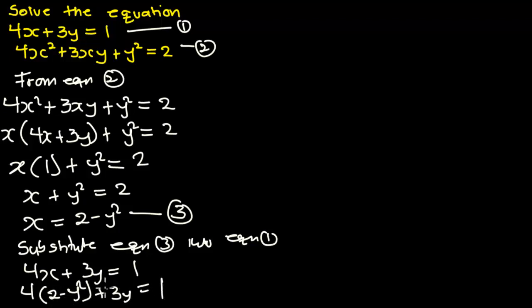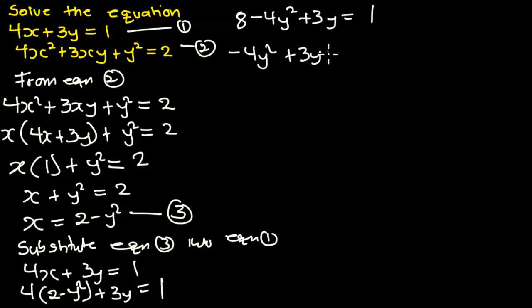When we expand this bracket, we have 8 minus 4y squared plus 3y is equal to 1. Let's move 1 to the left hand side so that the right hand side becomes 0. You have negative 4y squared plus 3y plus 8 minus 1 is equal to 0, so negative 4y squared plus 3y plus 7 is equal to 0.